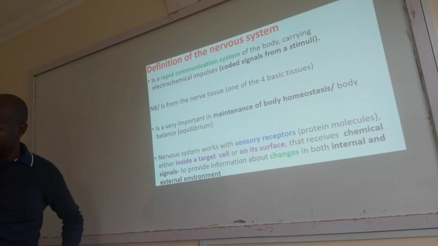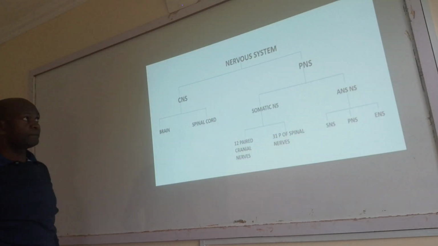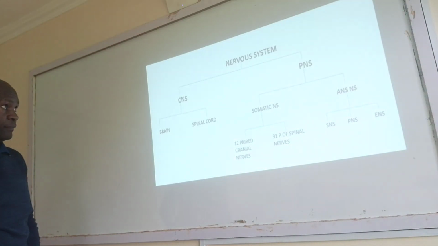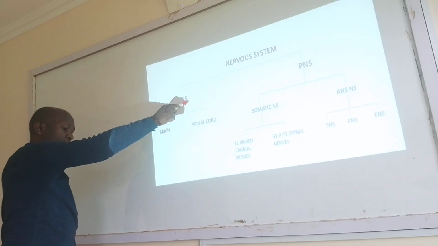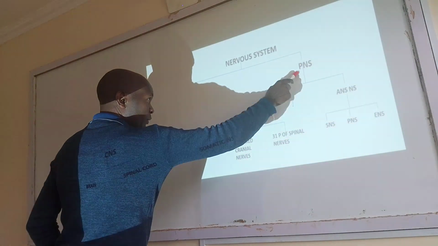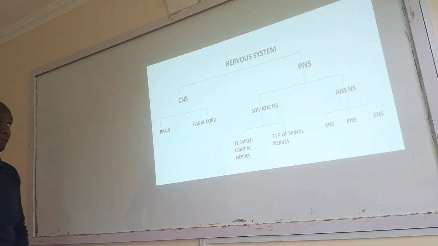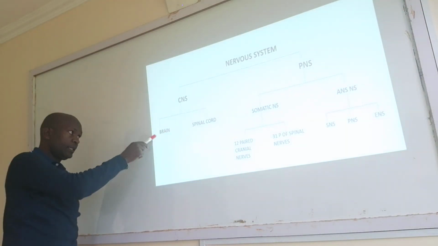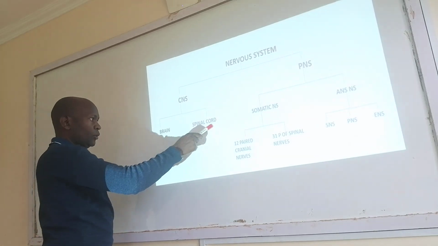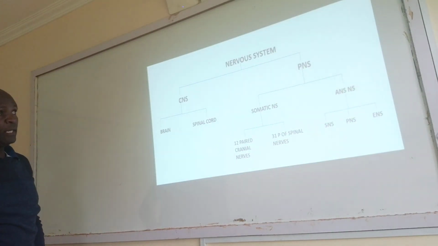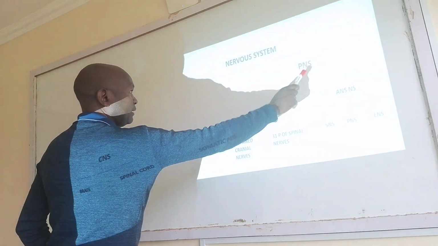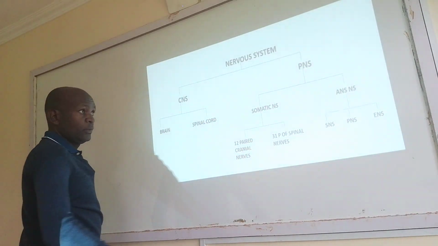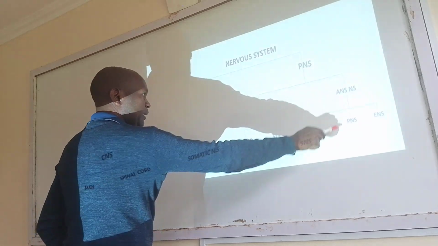So what is the classification of the nervous system? You have two major classifications: the central nervous system and the peripheral nervous system. The central nervous system consists of the brain and the spinal cord. The peripheral nervous system consists of the somatic nervous system and the autonomic nervous system.